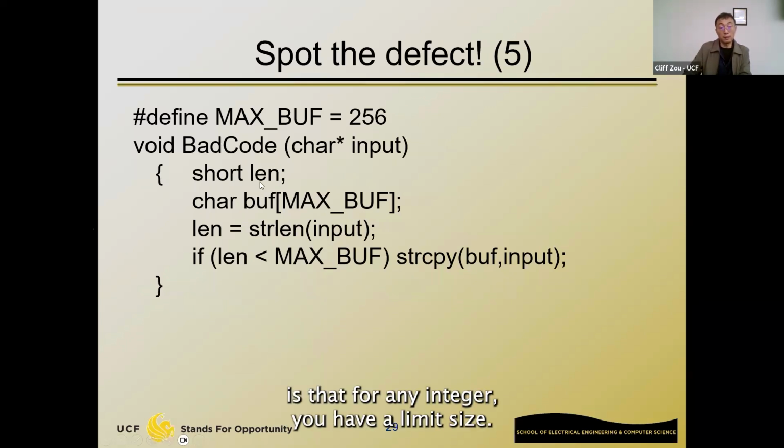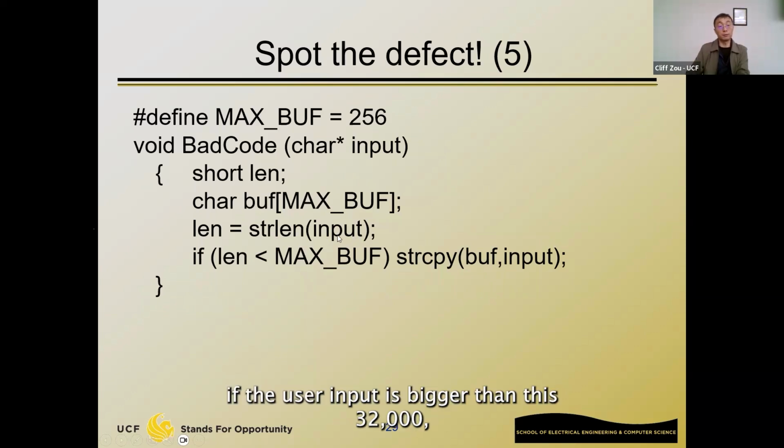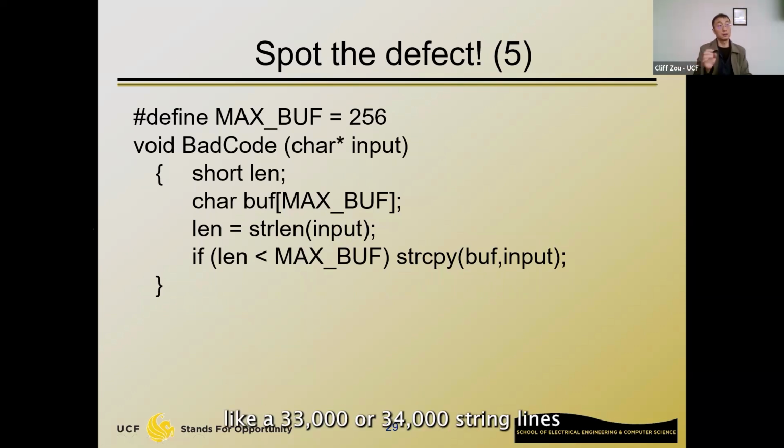The problem is that for any integer, you have a size limit. Like this length is a short integer. For a short integer, the upper limit is 32,000 something. However, if the user input is bigger than 32,000, like 33,000 or 34,000, string length will return a value such as 34,000, for example.